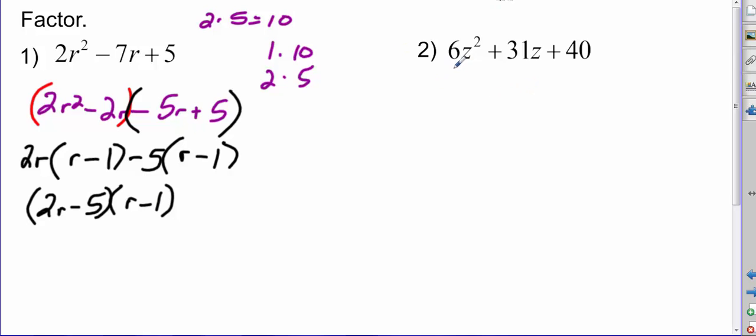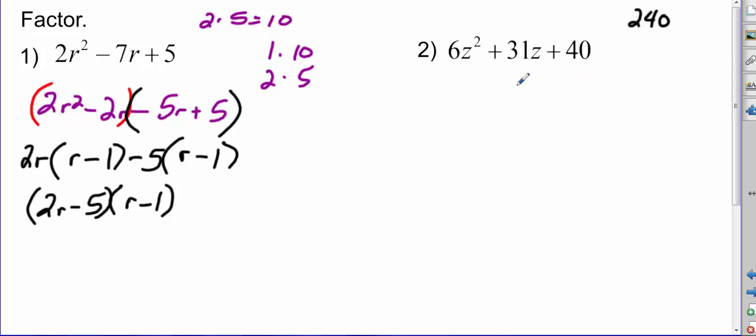Okay, number 2, here we go. We have 6 times 40. That's going to give us 240. I can see that it would take me a little while if I went 1 times 240, 2 times something equals 240, and went down that list. So I looked at this and figured out pretty quick, I want to try some numbers that add together to give me 31, and then see if that gives me 240.